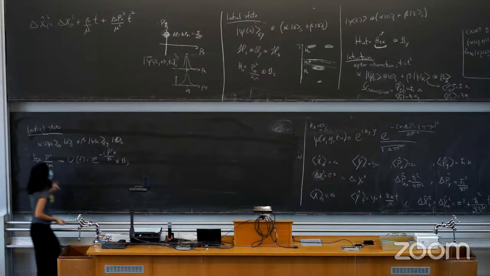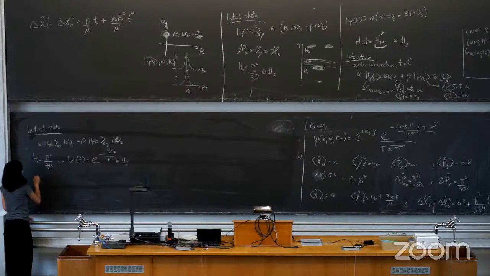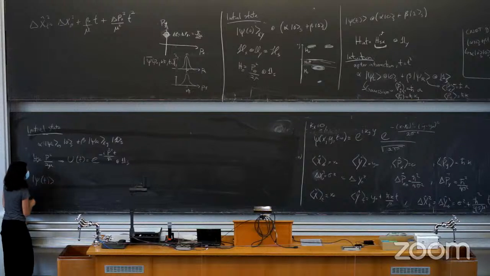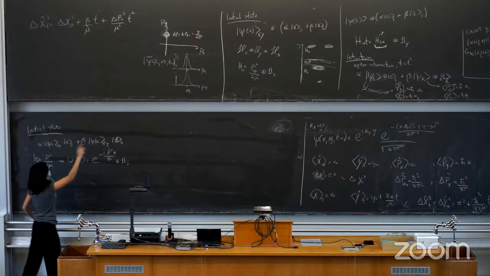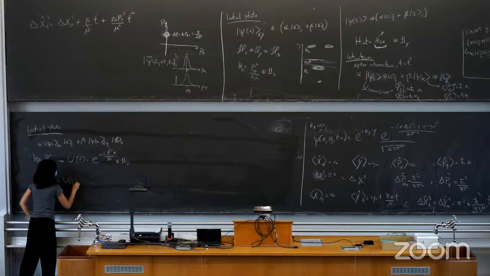And the key thing is that it acts linearly in a superposition. So my state after some new time t is going to be U of t applied to the initial state.